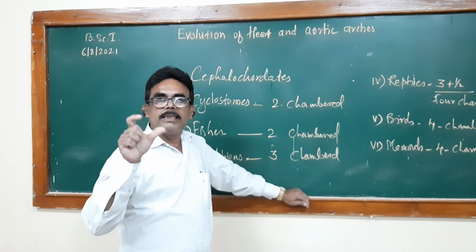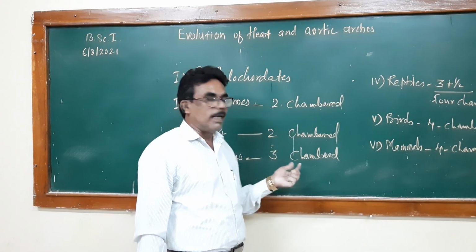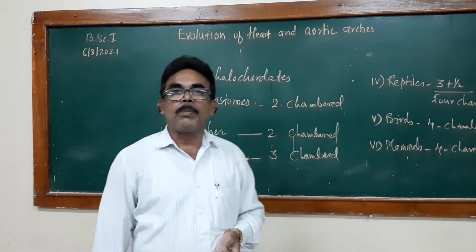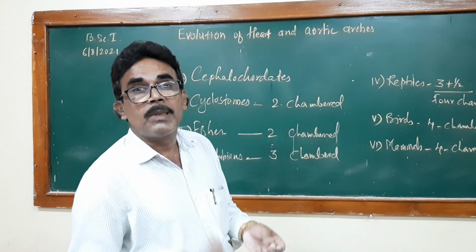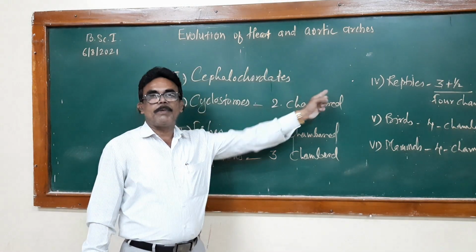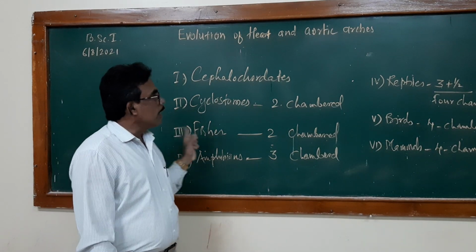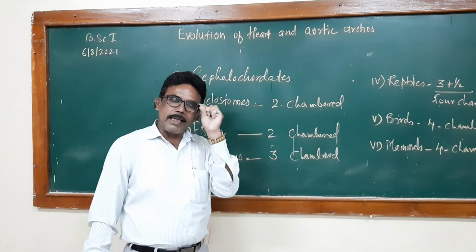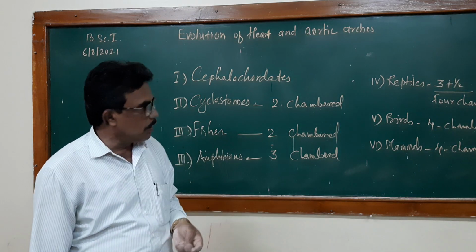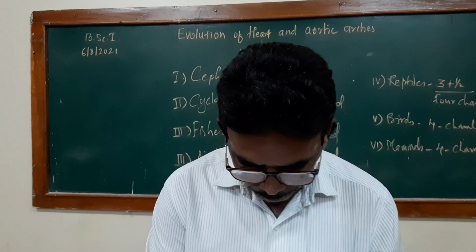The pure blood is forced towards the different body organs, and the impure blood is supplied to the lungs for purification. So there are two aspects related to the heart chambers, and that's why this particular chamber system has been developed in a particular animal.